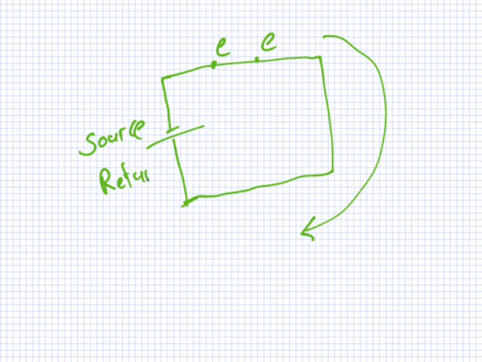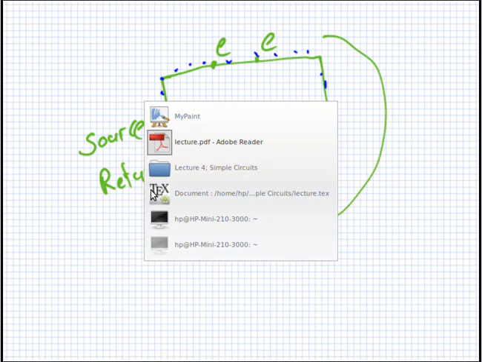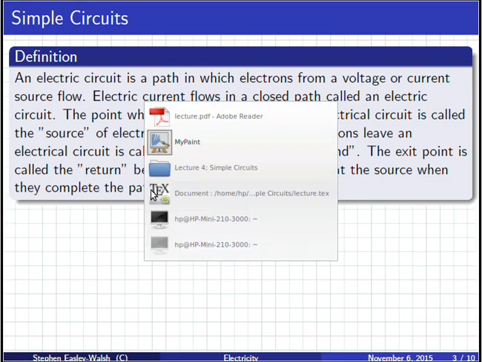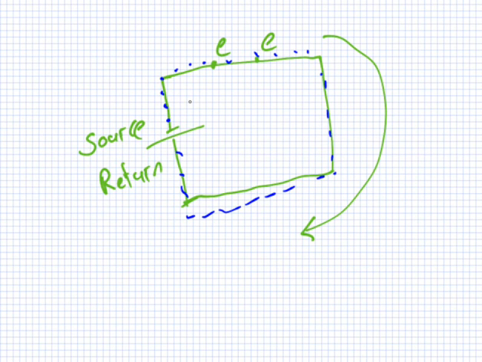You have electrons moving, and if there's a battery here, this is called the source. When it goes back in, this is called the return. So you can see the electrons move around here. This is called a circuit.